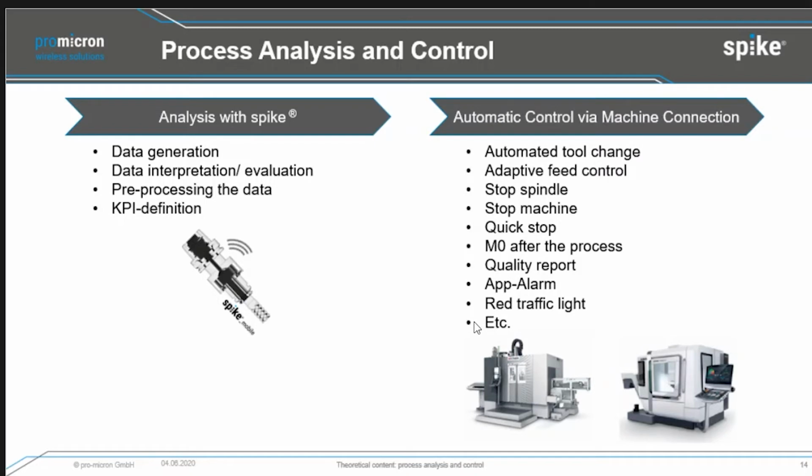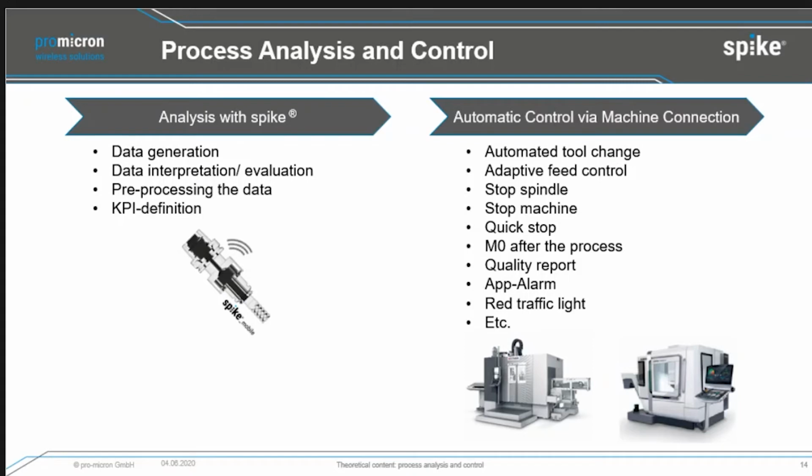So there is a huge variety of things that can be thought of. And as you can see from this list, with our feed rate or RPM problem, there are just a few that fit your needs. This might be adaptive feed control, a quality report maybe, or an app alert or red traffic light. All the others do not fit your demands.